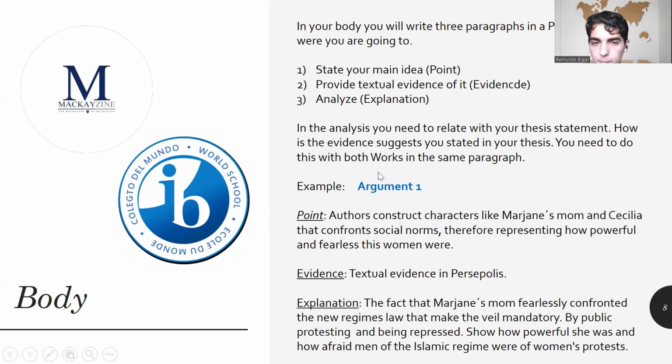Then in the same paragraph, you give the evidence and explanation of how Cecilia Tallis is a character that confronts social norms, and how in the explanation that connects with your prompt, how that confrontation of social norms shows how Cecilia is a powerful woman, even sometimes more powerful than men, or a woman that could go against men.